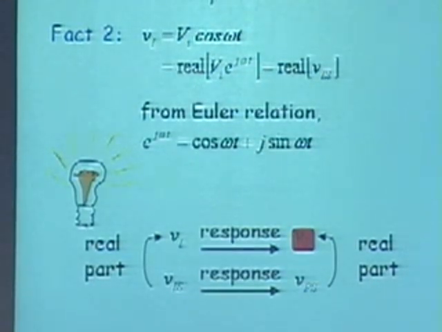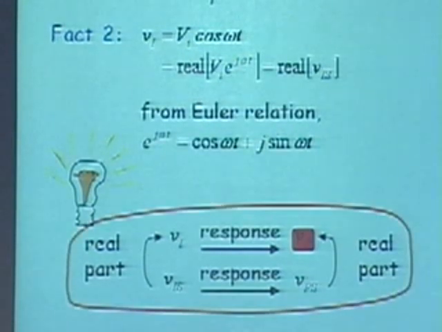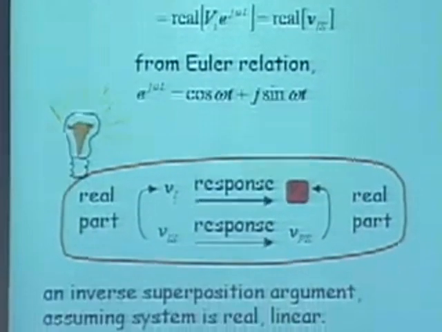So if we have a real linear circuit, and the real part of this gives me VI, then the real part of the solution should give me VP. So computing VPS was easy. If I take the real part of this, I take the corresponding real part of this. So this is sort of an inverse superposition argument.